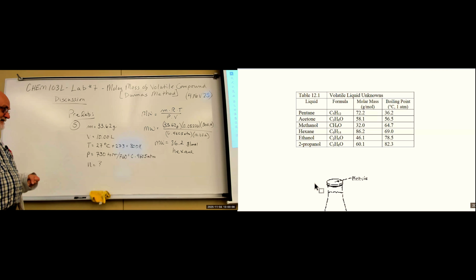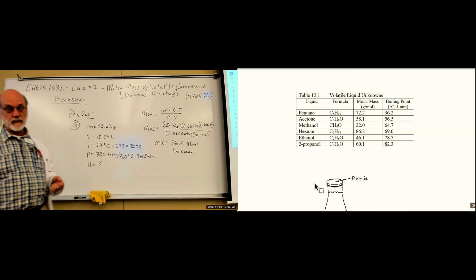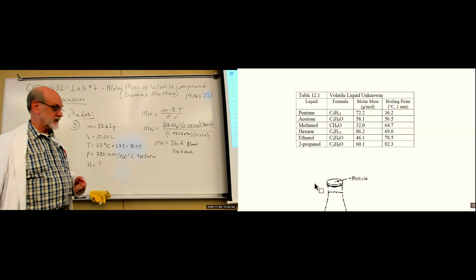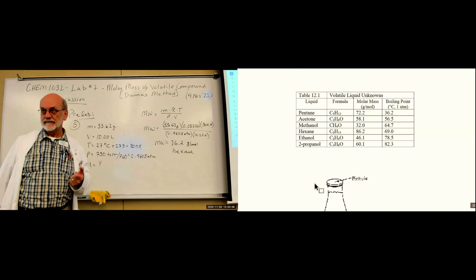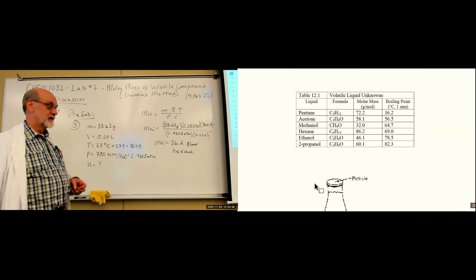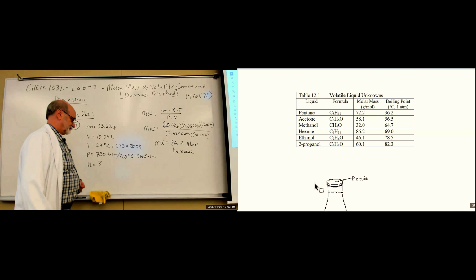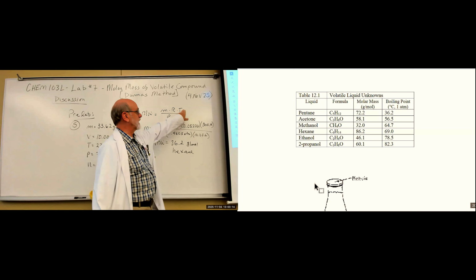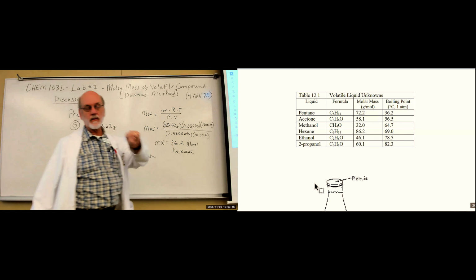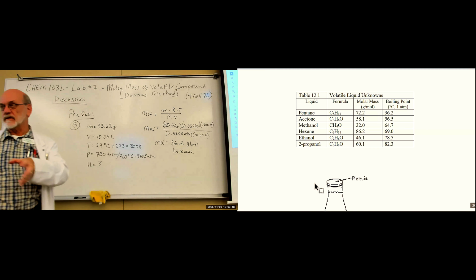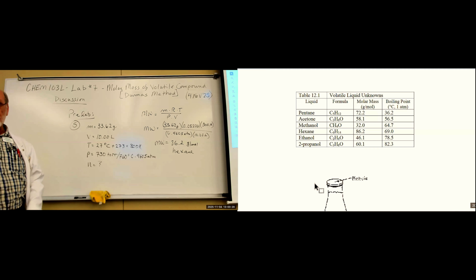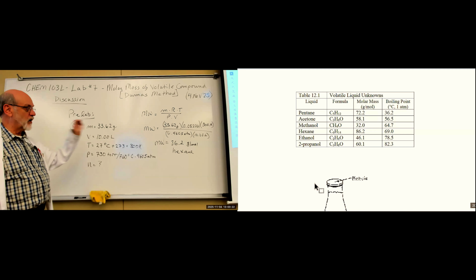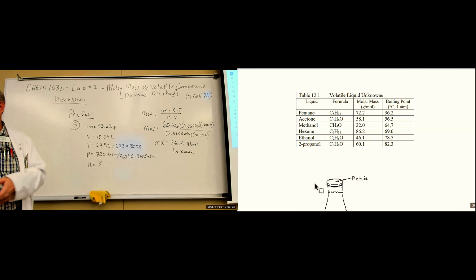Because I don't think it's going to be a gas at 27 degrees. And this temperature is the temperature of the gas when it's a gas, not when it's a liquid sitting on your bench. So that's a flaw of this particular problem.